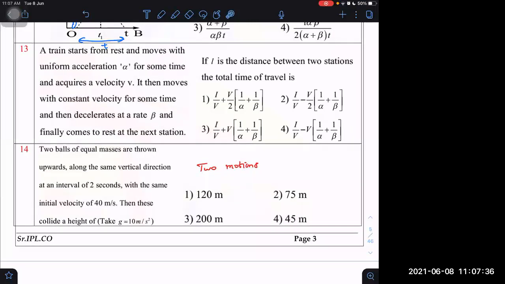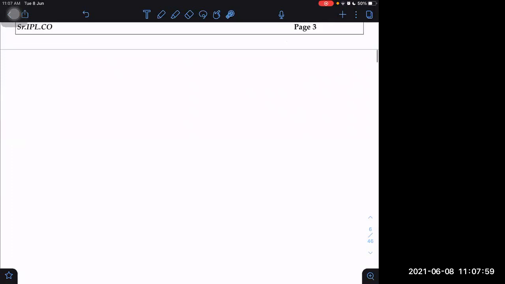For question number 13, a train starts from rest and moves with uniform acceleration alpha for some time and acquires a velocity v. It then moves with constant velocity and then retards at a rate beta and finally comes to rest. We have to find the total time of the interval if L is the distance between two stations. Let us do it. Make a graph for question number 13.